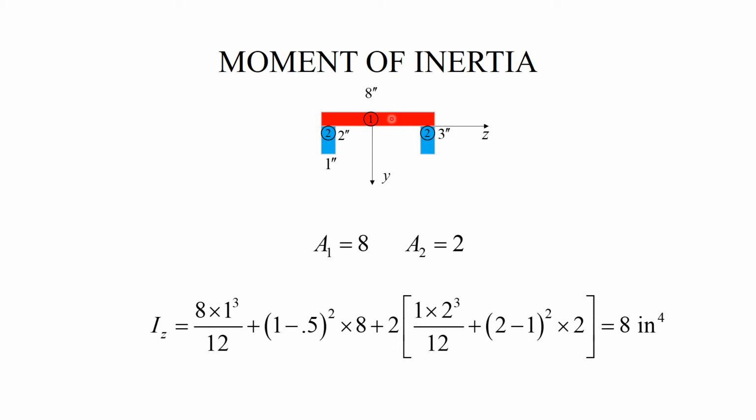For the flange, 8 times 1 cubed divided by 12 plus 1 minus 0.5 squared, which is the distance between the z-axis of the entire cross section and the z-axis of the flange, times the area of the flange, plus 2, because I have 2 webs, 1 times 2 cubed divided by 12 plus 2 minus 1 squared. 2 minus 1 is the distance between the z-axis of the web and the z-axis of the entire cross section, and 2 is the area of a single web. The end result is 8 inches to the fourth.